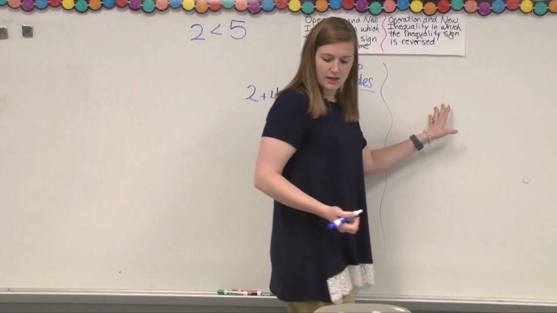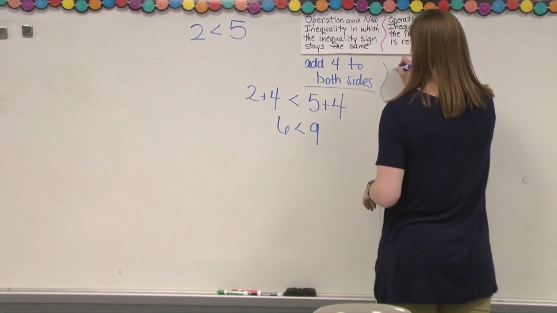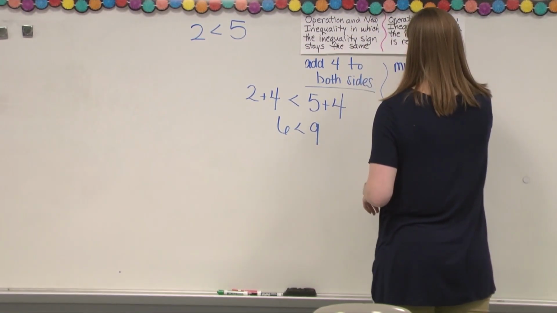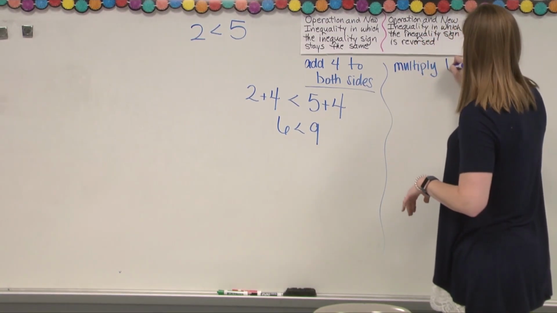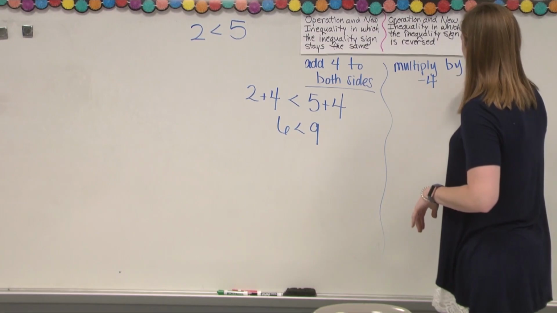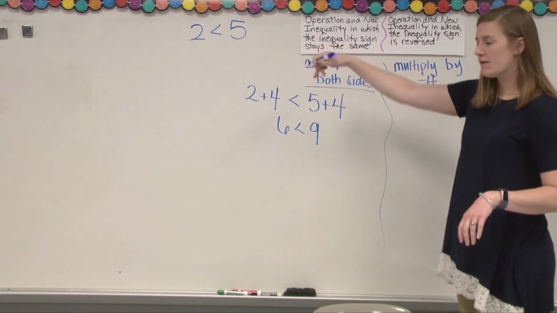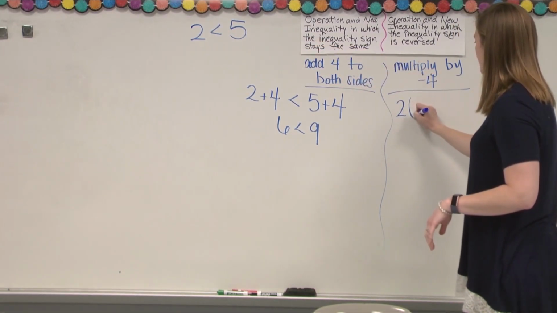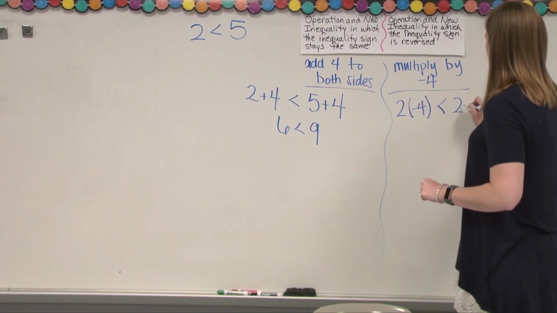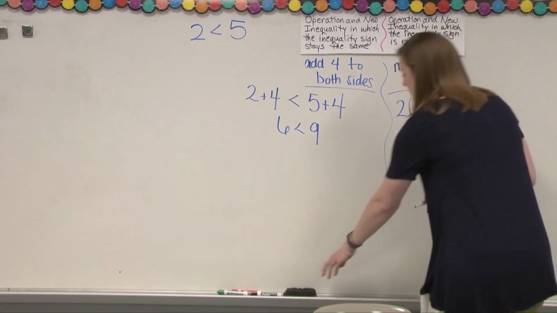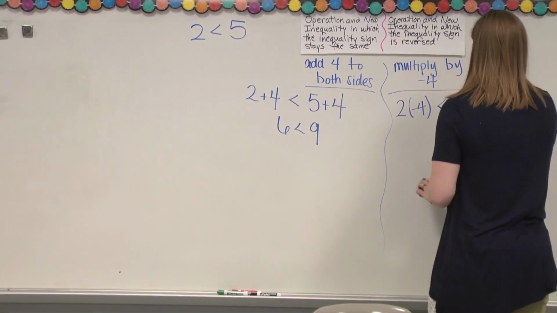Over here on this side, we're going to be multiplying both sides by -4. Okay, so still working with that same inequality, 2 times -4, I've got the less than symbol there, and 5 times -4.